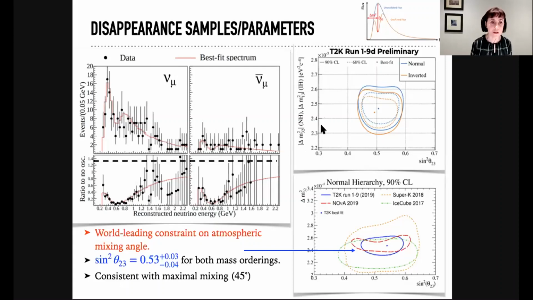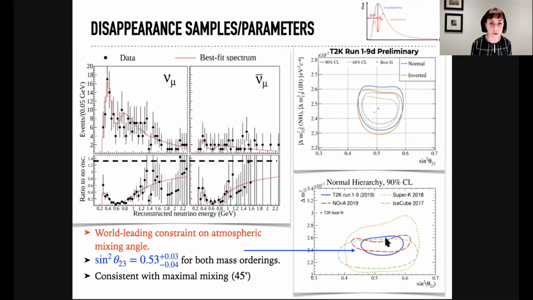And this is just the two-dimensional plot. So these are confidence levels. This confidence level is for the events you have observed in the final state, and then you can determine the parameters theta 23 and delta m square. And this is once you combine all of them together from the different experiments.